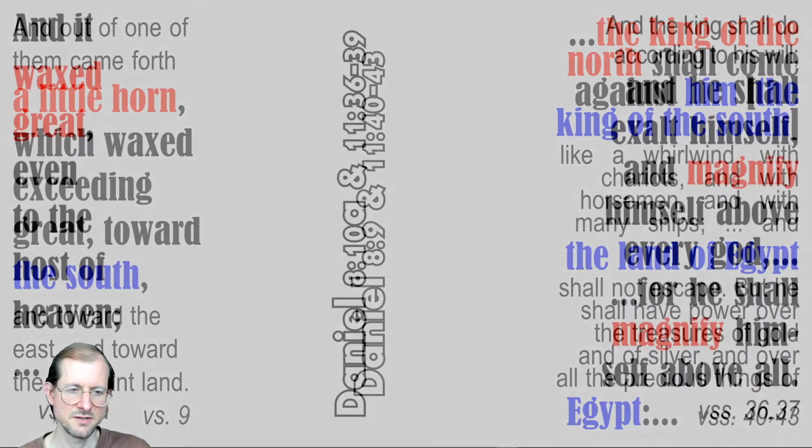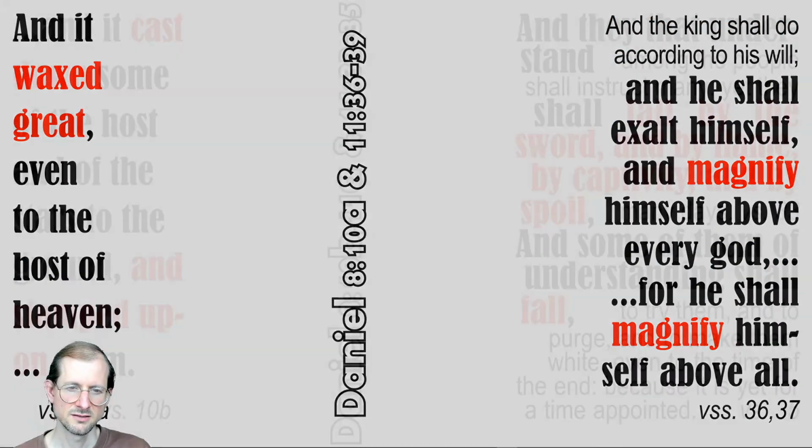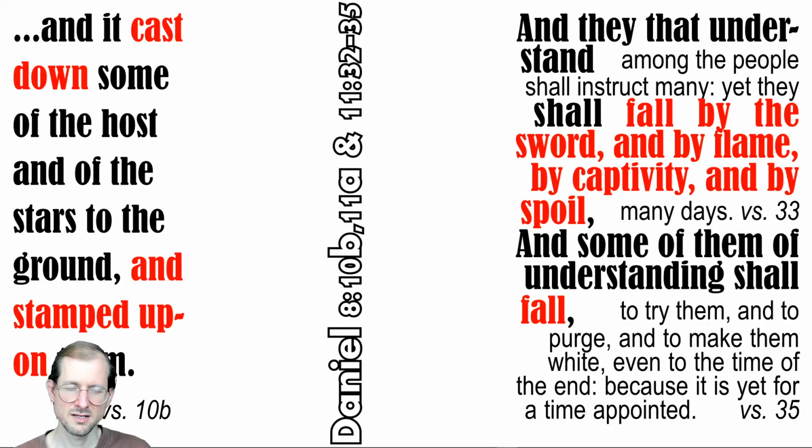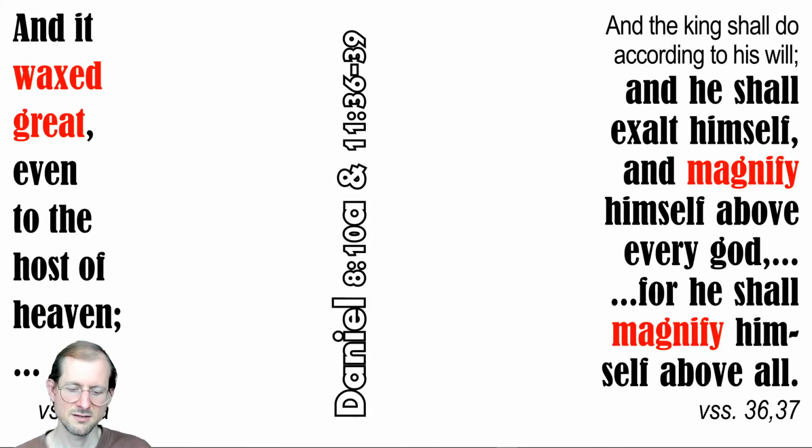So that's the first layer. Then we go on to the next layer, waxed great against heaven, against God, right? Magnify against God. Same parallel thing. In that case, it is the same thing.